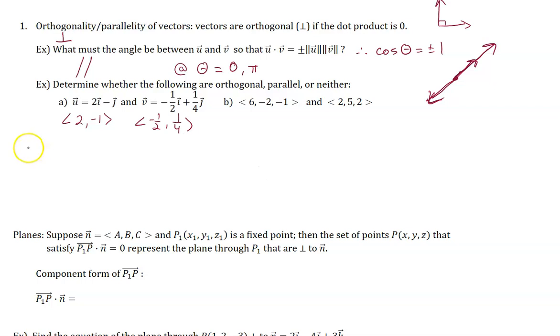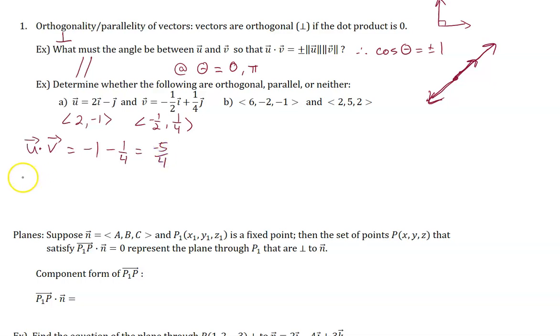I'm going to start with the dot product. So u dot v is 2 times -1/2, which is -1, plus -1 times 1/4, which is -1/4, which is -5/4.